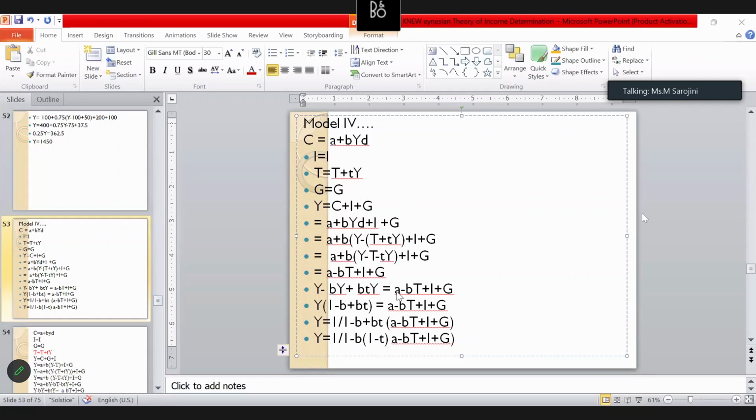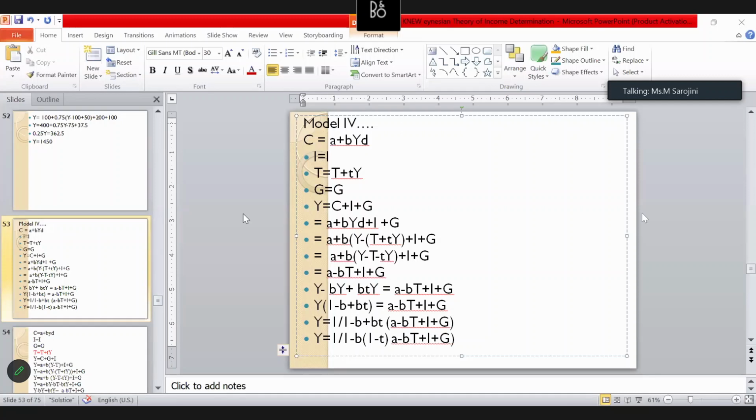Then we can avoid the mistakes. Therefore, here A plus B into Y minus, we have to subtract the T, no? Therefore, due to this function, we are putting this into the bracket. Therefore, Y minus T bar plus tY, we close the bracket, plus I plus G.